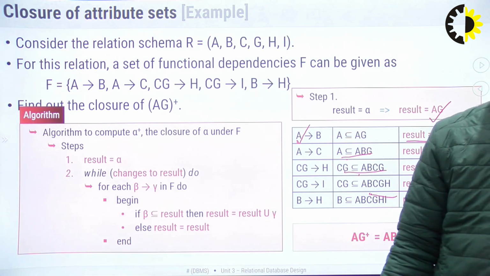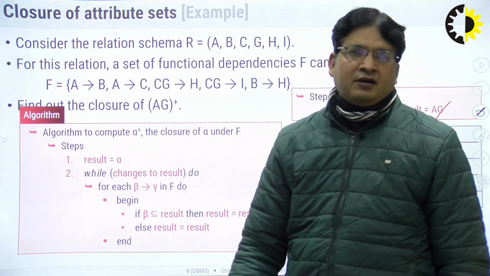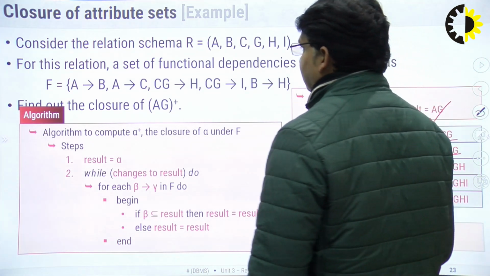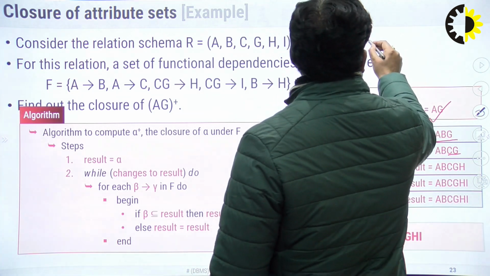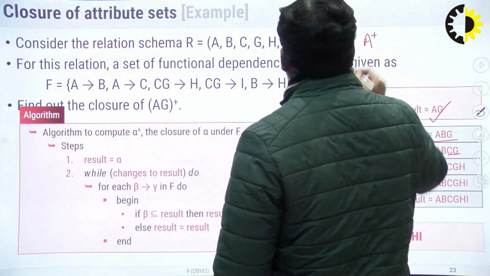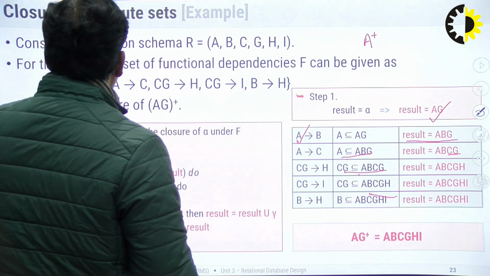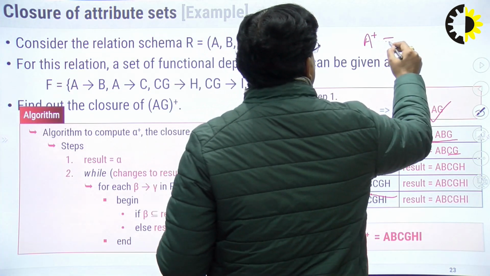Now, we can say that AG is a candidate key for this relation. We can also try to find A plus. A determines B, so A plus is AB.